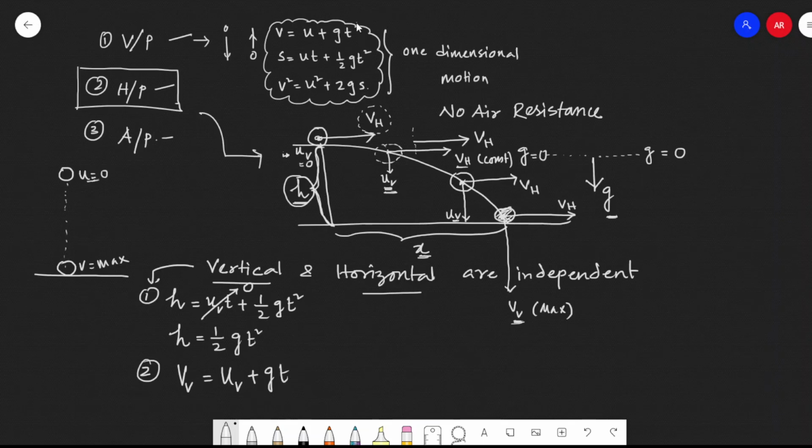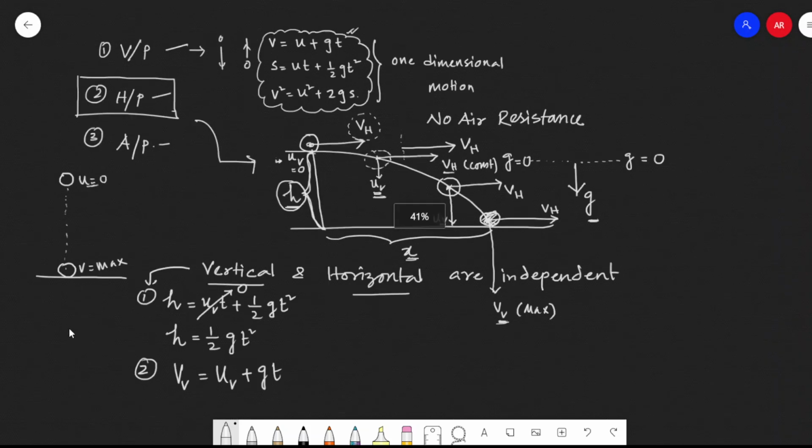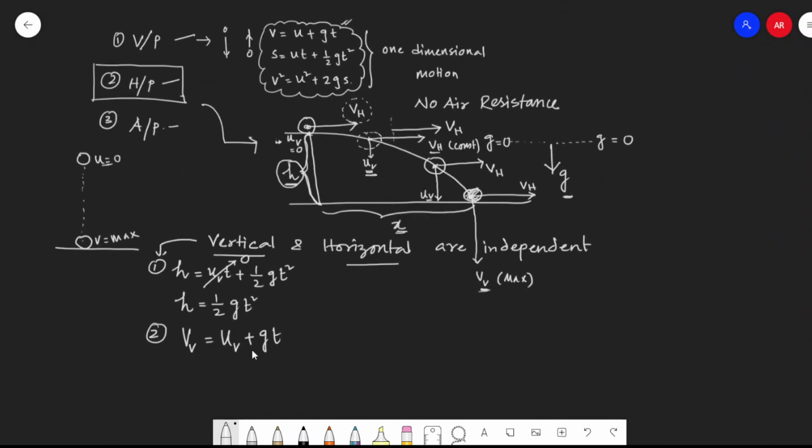So this is v equals to u plus gt. Right here, we have become very specific. This Vv is the vertical velocity final, uv is the vertical velocity initial, plus gt. So this is Vv equals to uv plus gt.